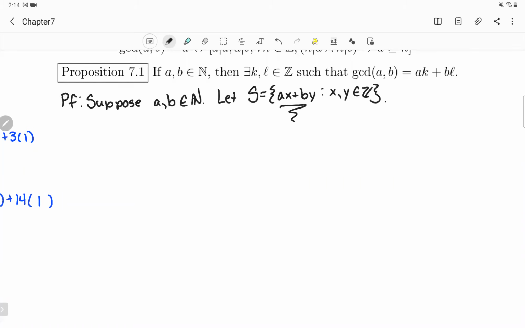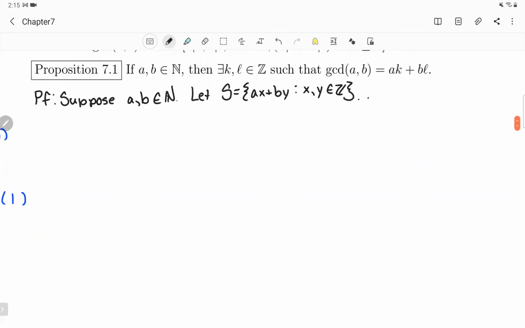And I'm hoping one of those gives me the GCD because that's what I need to prove is that I get the GCD. All right. So in order to do that, I need to note that A times 1 plus B times 0 equals A is an element of S.